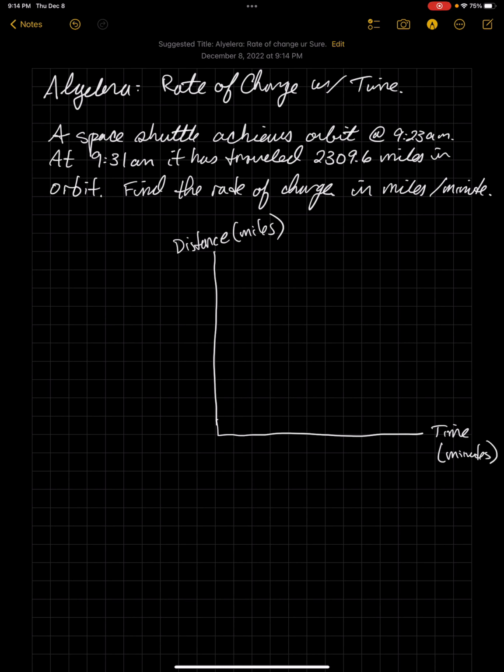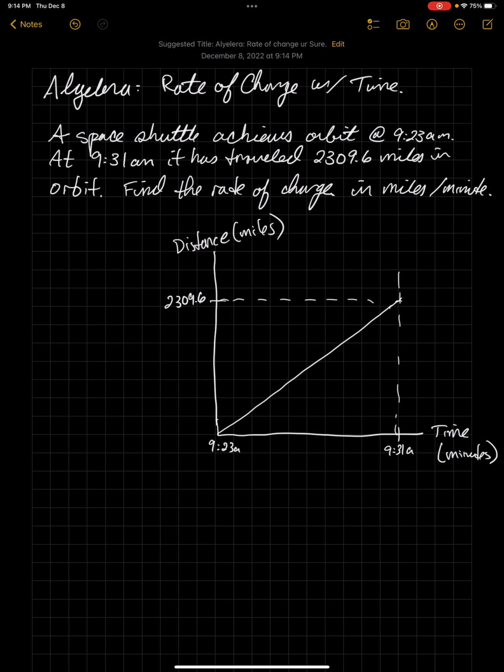What we know from the problem statement is that at 9:23 a.m., that's our starting point, the space shuttle achieves orbit. And then some period of time later, at say 9:31 a.m., the space shuttle has traveled 2,309.6 miles.